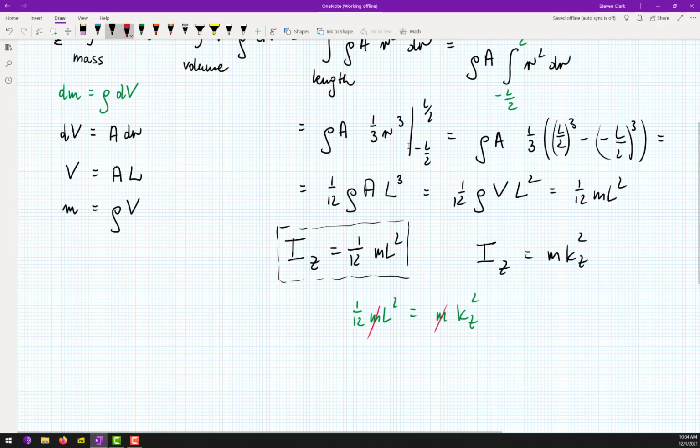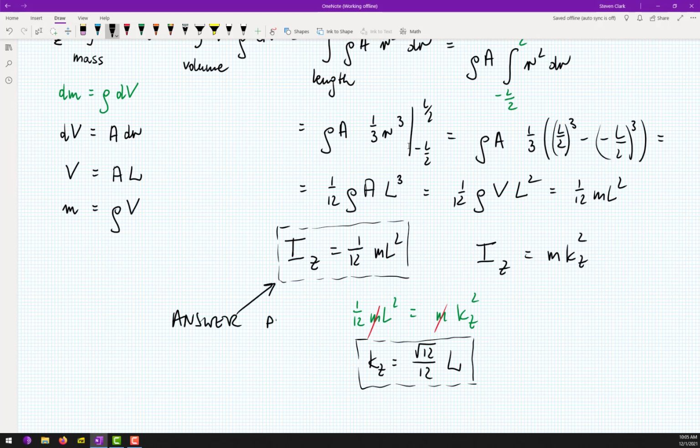And triumphantly, we can write that our kz is equal to L divided by square root of 12. Okay, so this is answer part A, or part 1, and this is part 2. Questions?